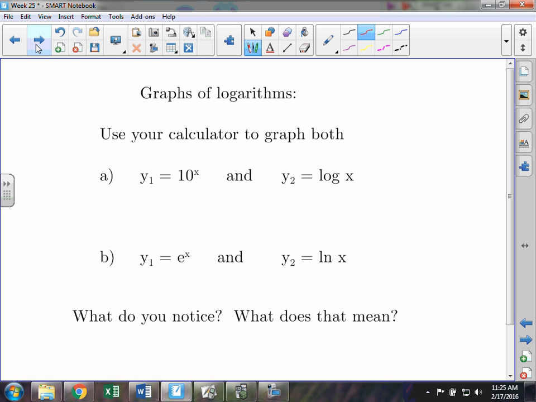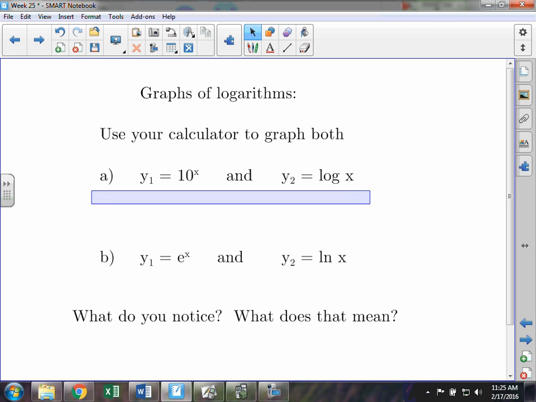And here's the last piece we have for this video. Get your graphing calculator, and we'll do these two things, not all four equations at the same time, but let's look at part A right now. y1 equals 10 to the x, y2 equals log x.